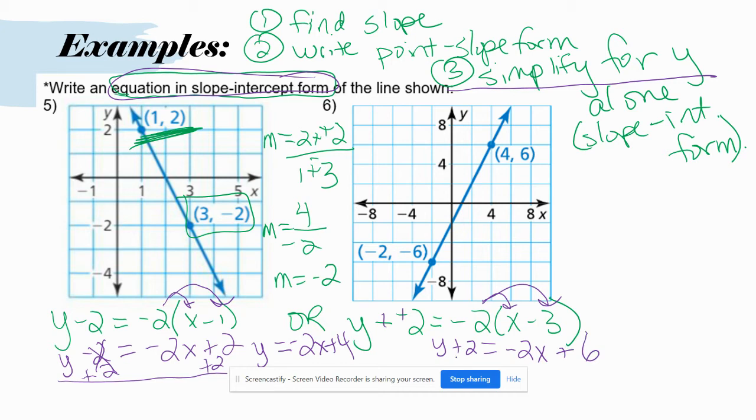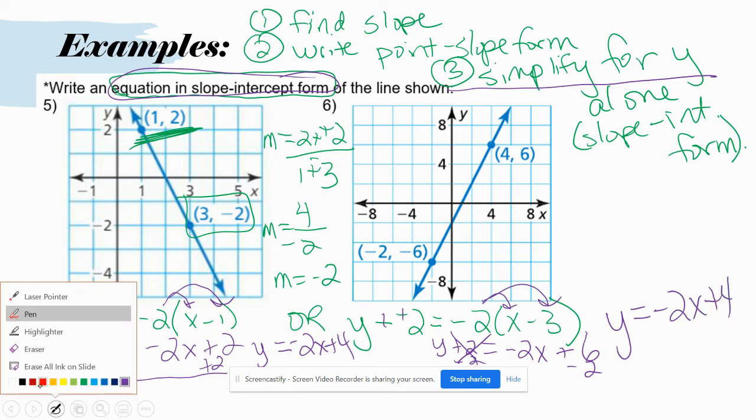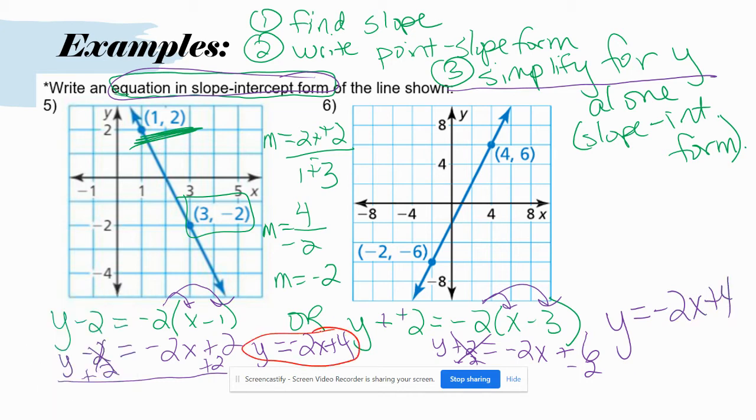I would finish getting y alone by subtracting 2 from both sides. And we get y is equal to negative 2x plus 4. So you can see that regardless of which ordered pair I used, I still got y is equal to negative 2x plus 4 for my slope-intercept form.